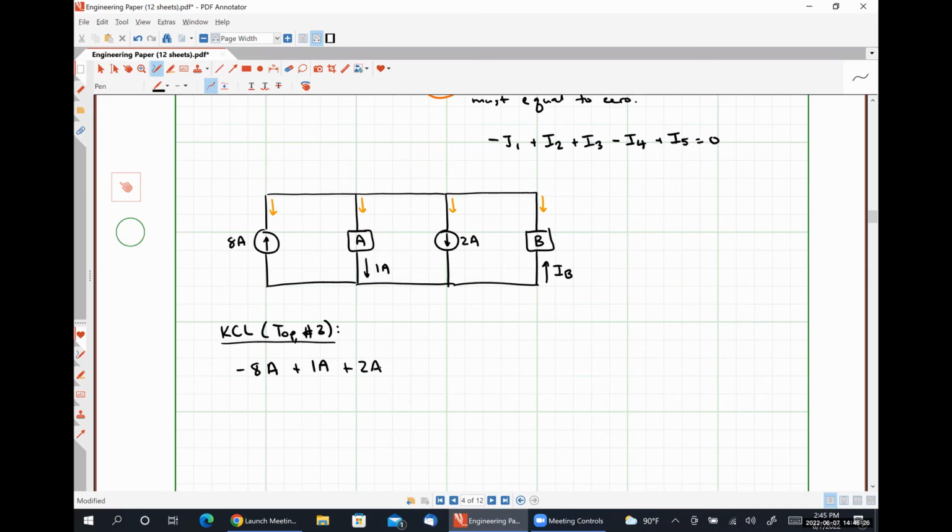And then the current flowing down through element B is in the opposite direction of what I've indicated for IB, so I will have minus IB and set it equal to 0 and do a little bit of algebra, and I will find that IB is equal to -8 amps plus 1 amp plus 2 amps, which is equal to -5 amps.